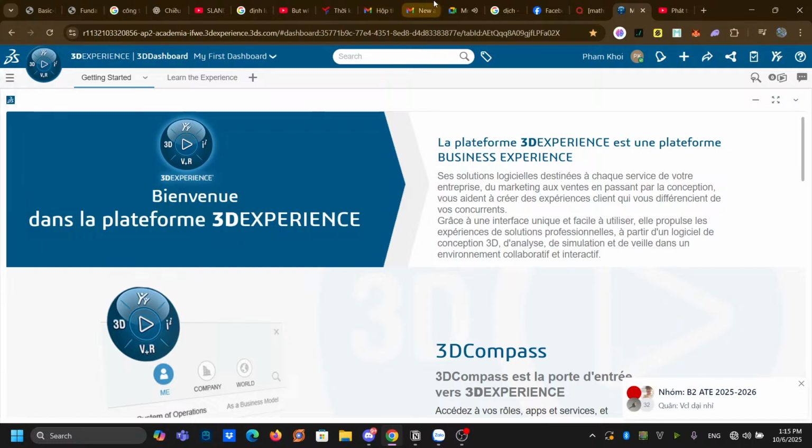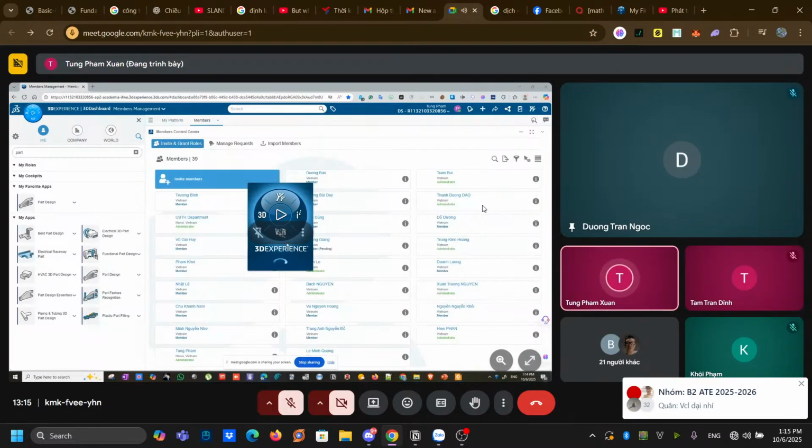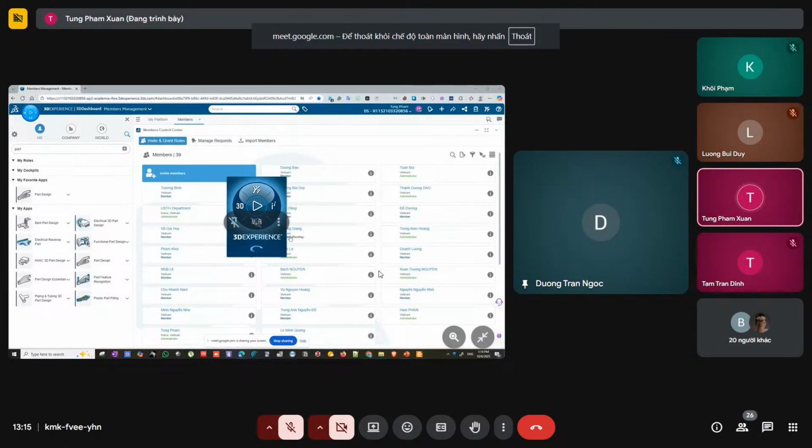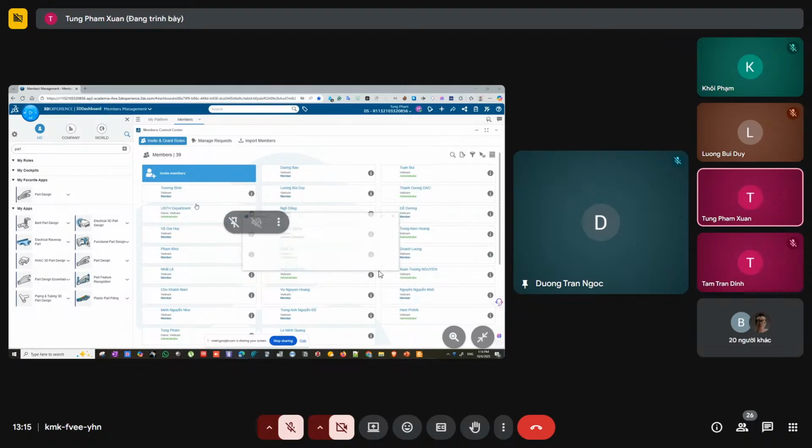So we need to connect to the internet and wait a little bit for the platform to start the application.